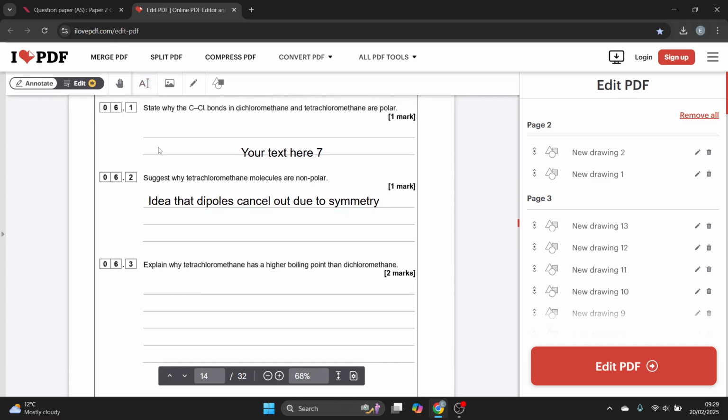Then why does tetrachloromethane have a higher boiling point than dichloromethane? Well, it's big.